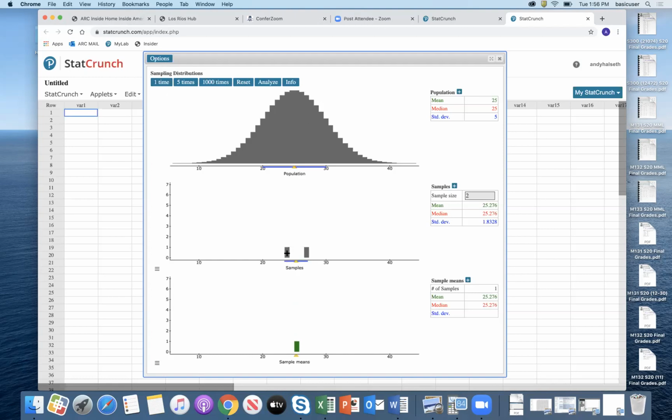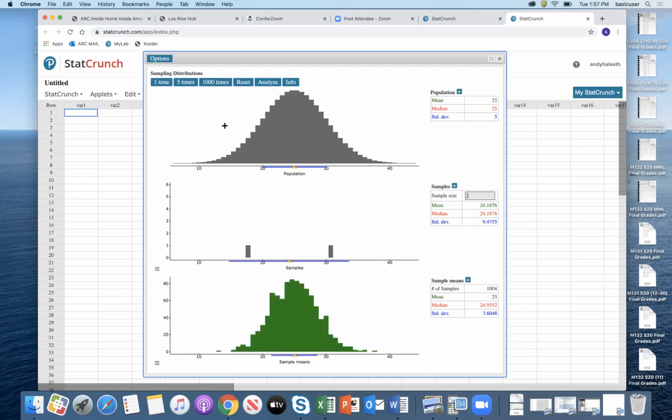It looks like we got a couple of students in their 20s, averaged it, and got a mean of 25. We're going to do that again. 2 new students, take their average. You get the idea. Let's do this many times. So I'm going to do this 1,000 times, randomly selecting 2 students and averaging those 2 ages together.